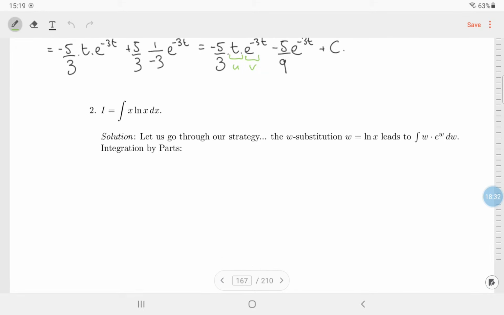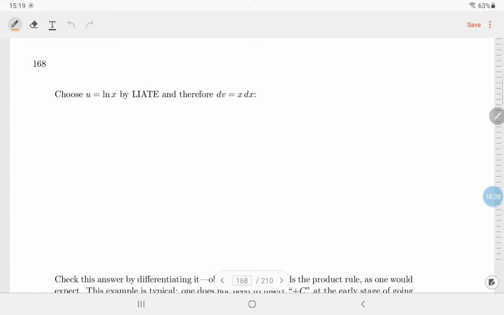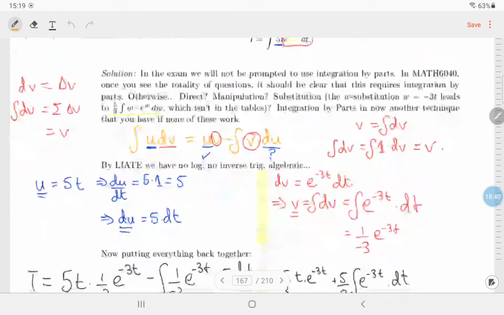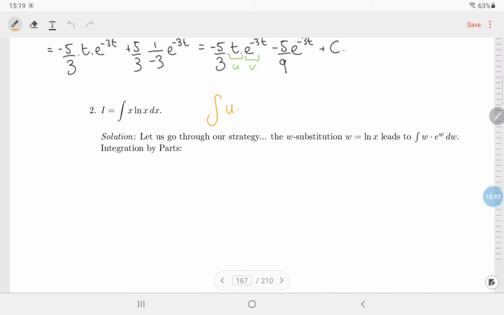So let's write down the formula. Let's see where we are for space. So the integral of u dv is equal to u times v minus the integral of v du. Right. So that formula could probably just as easily go slightly below.